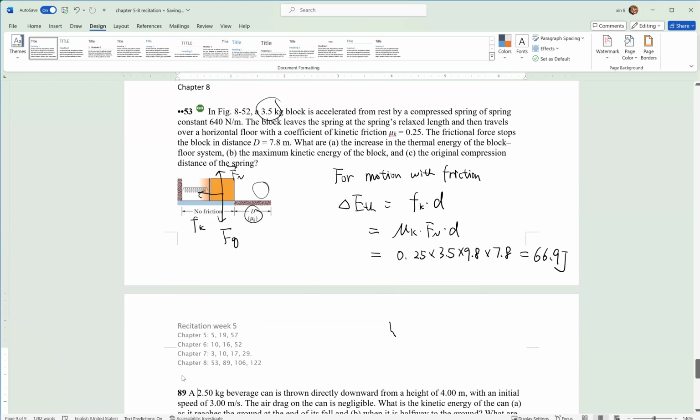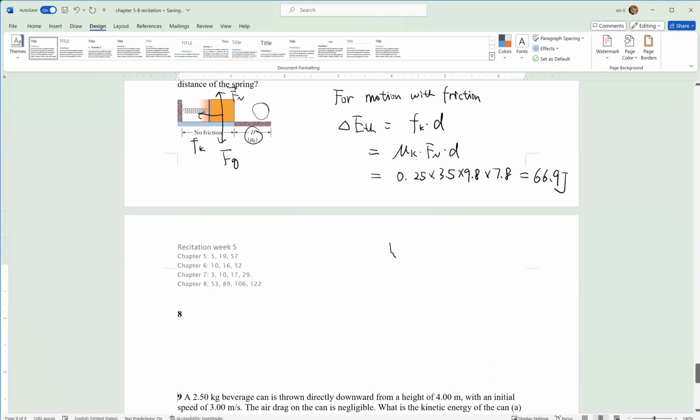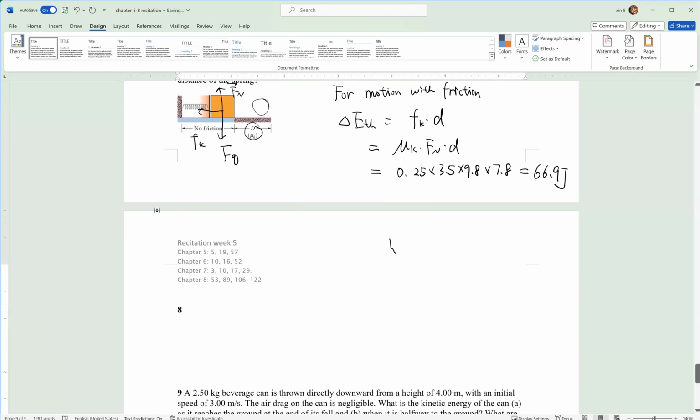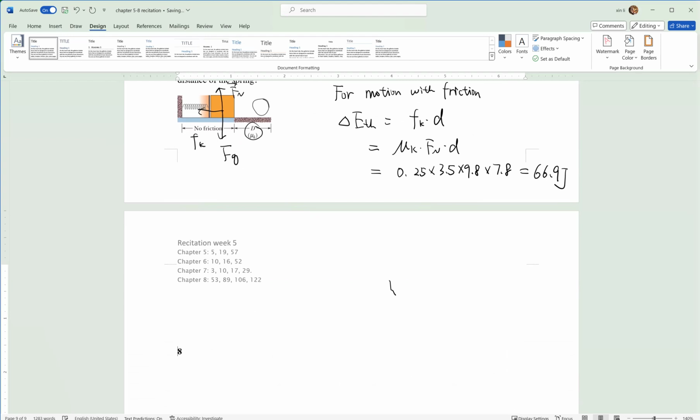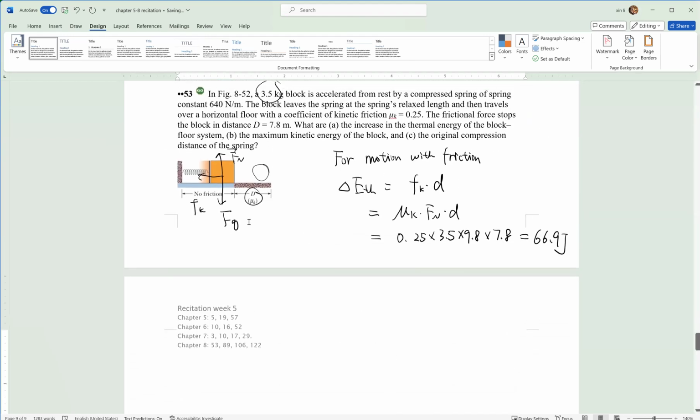After that, you are going to calculate the maximal kinetic energy of the block. It's the moment when it enters the part where we have friction, because after that kinetic energy is converted to thermal energy.